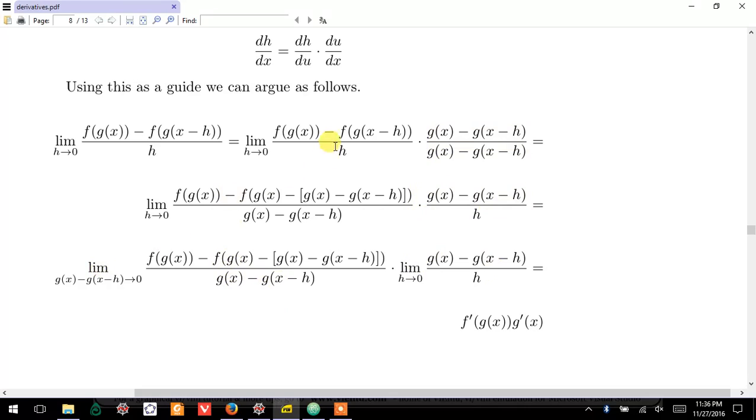Going from here to here, and by the way, this already was the weakness in the proof, and you could easily be forgiven for not spotting it, but the important point here is that g of x minus g of x minus h could be 0, right? It could even sort of be pathologically 0 in a sense, like you can't just pick fortunate values of h to avoid 0.